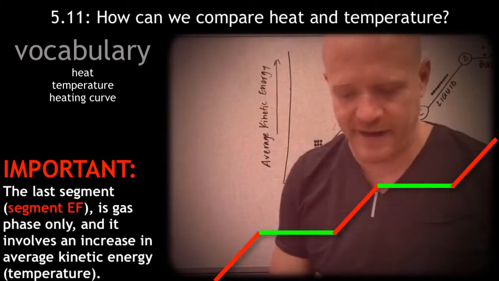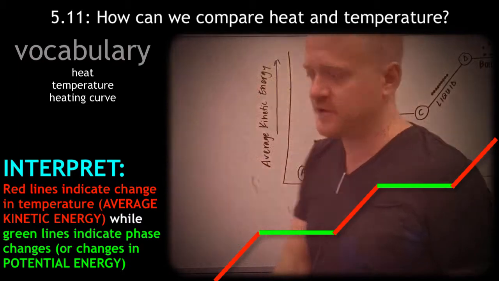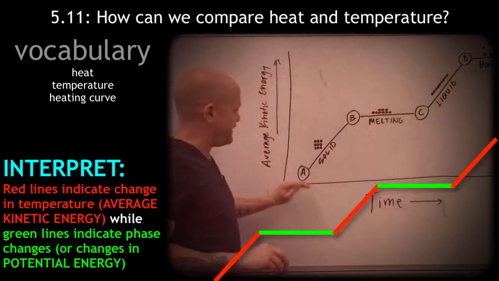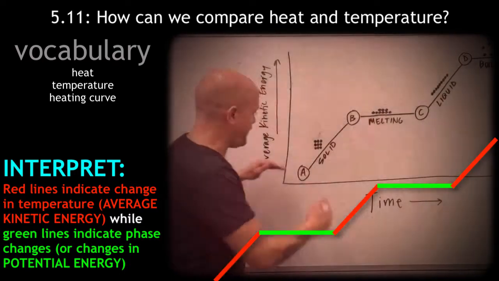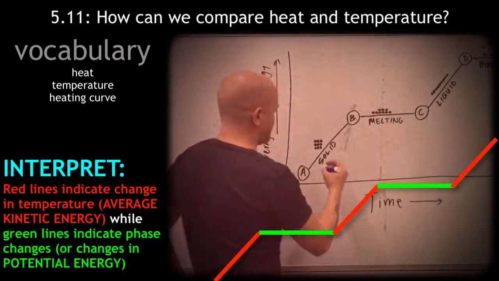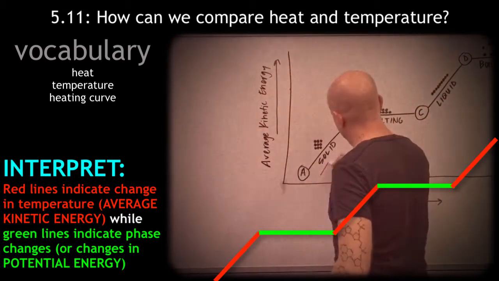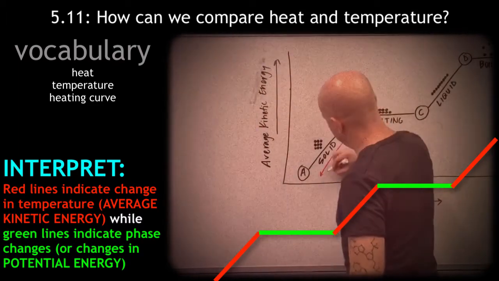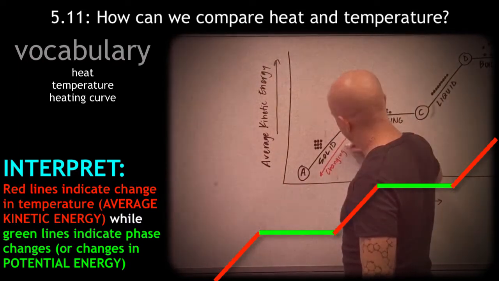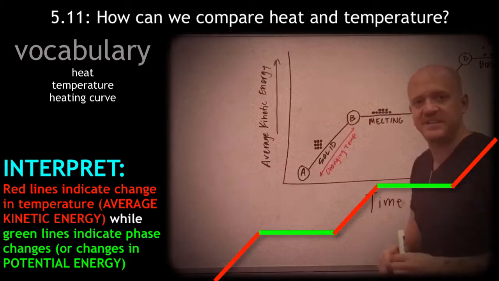So what is happening? How do we interpret this graph? First of all, we're going to be doing a lab about this, and you're going to be observing how this graph would actually look in real life. When anything is increasing, going up on the y-axis, it's actually heating. So this energy from A to B is for changing the temperature.